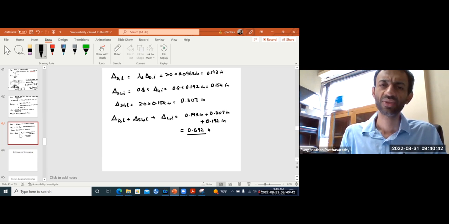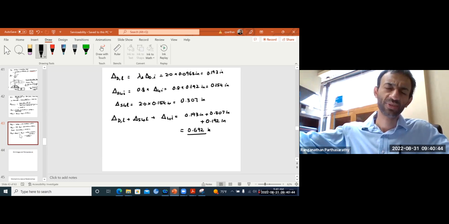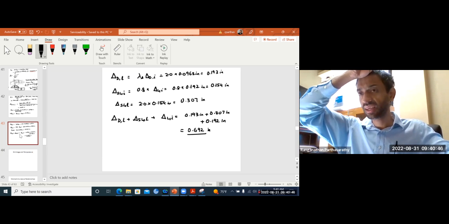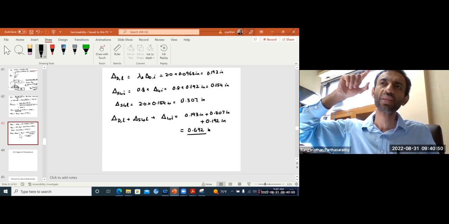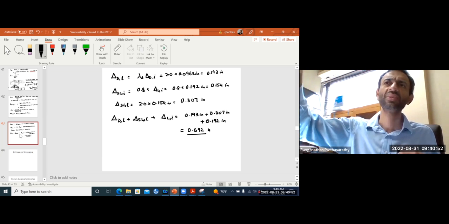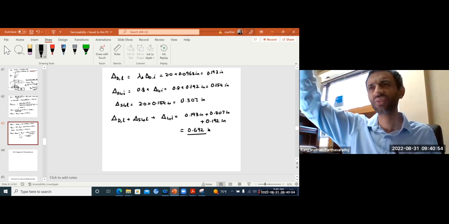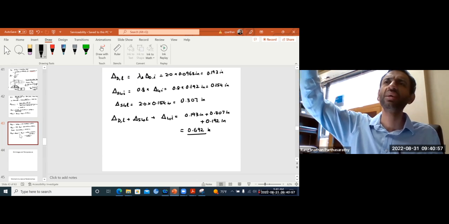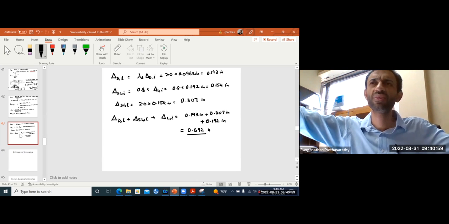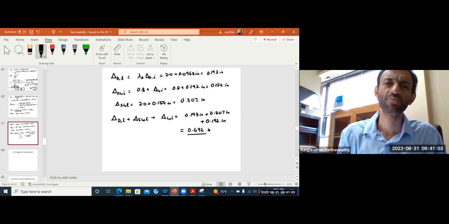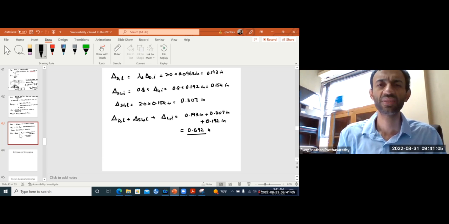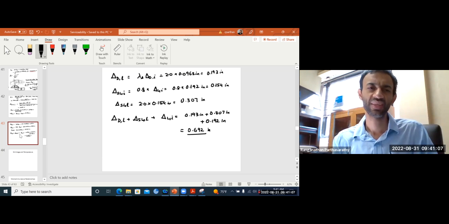So this is the number the guy installing the partitions will want to know. Even before we construct anything, in the design phase, we will know that partition walls are going to be coming and they cannot sustain a deflection more than, let's say, 2 inches. Then you will say, okay, we are good.